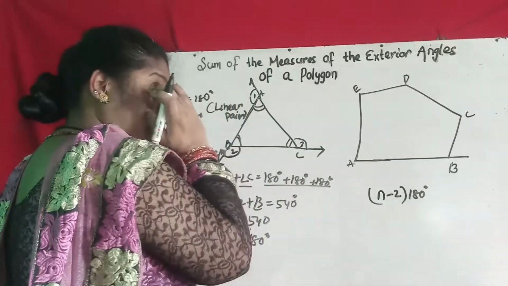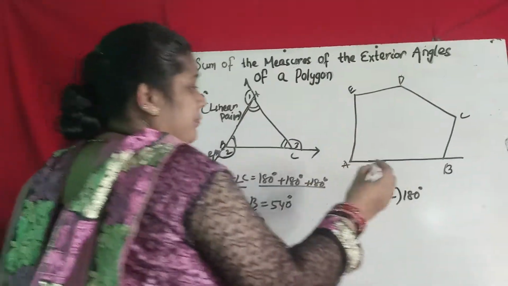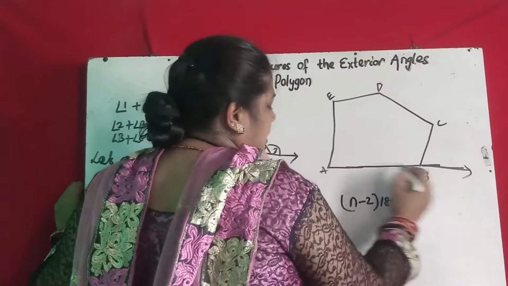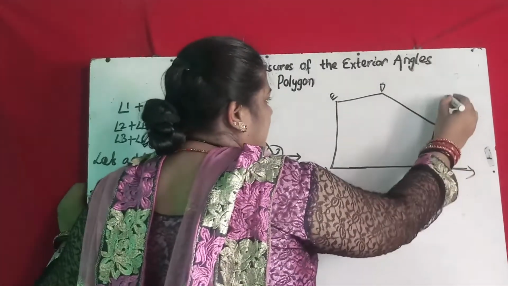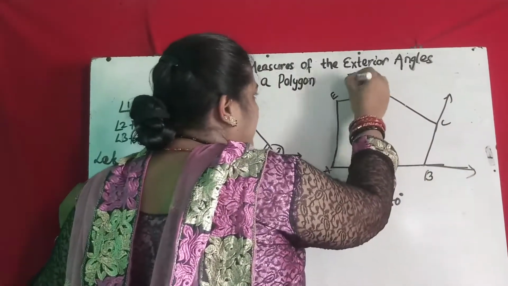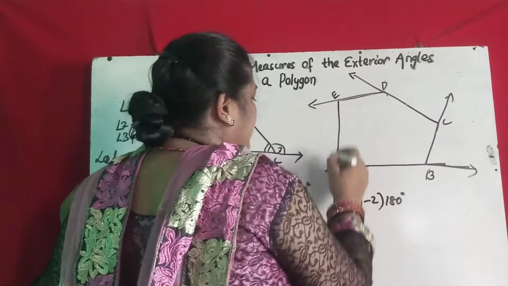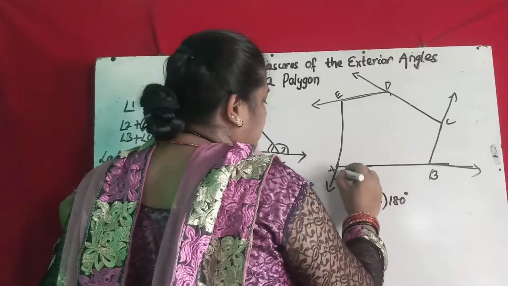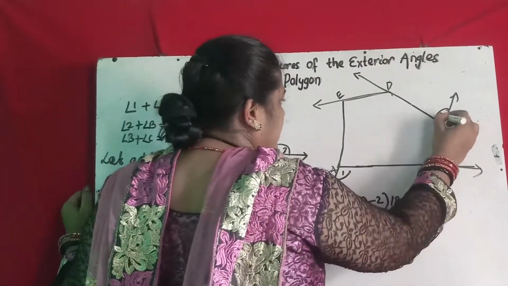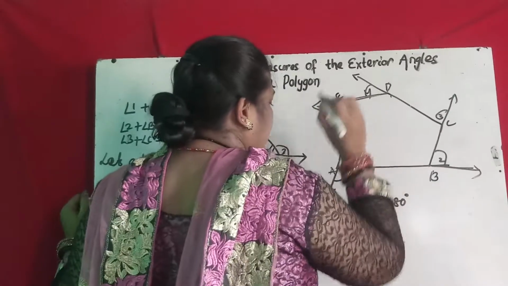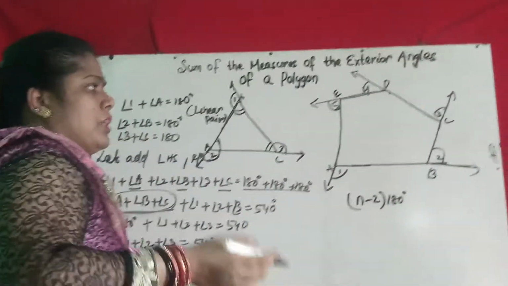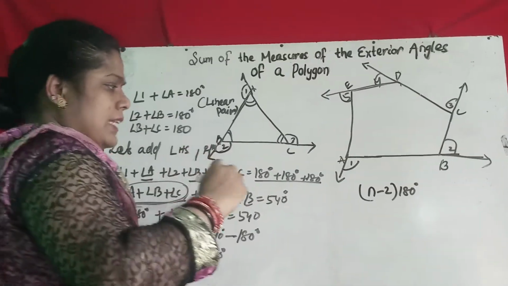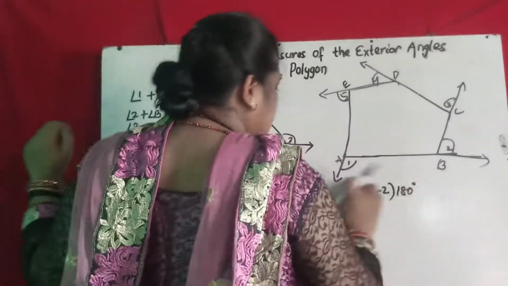Suppose it is a pentagon. For a pentagon, you can extend the sides in the same way: AB, then BC, then CD, then DE, then AE. And the exterior angles are 1, 2, 3, 4, 5. Okay, same procedure: A plus 1, B plus 2, C plus 3, like this. Here also, let's see how much you will get.